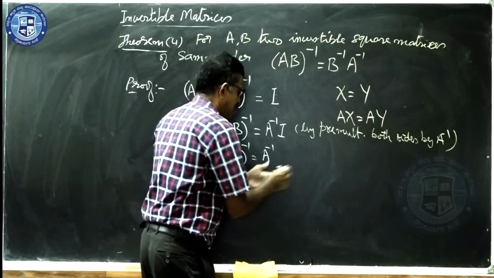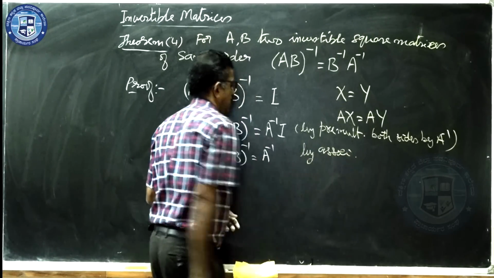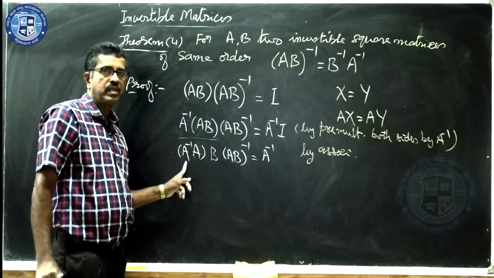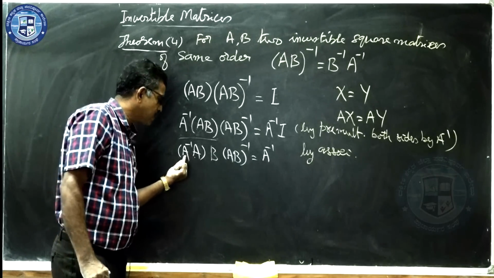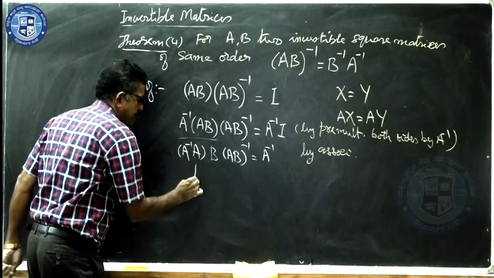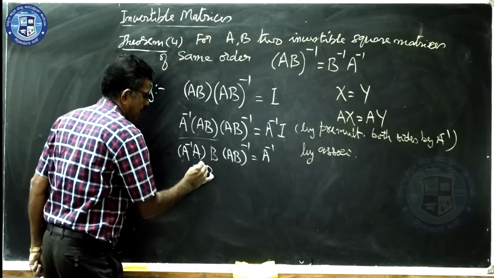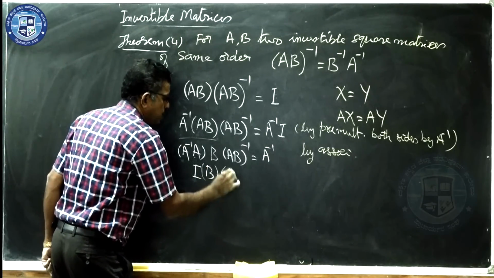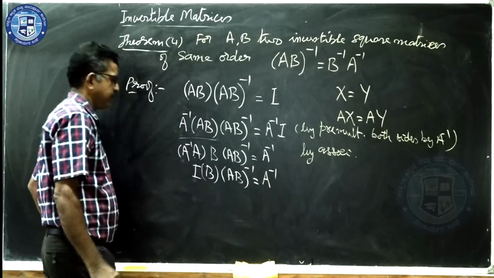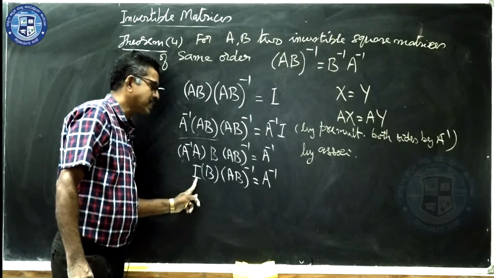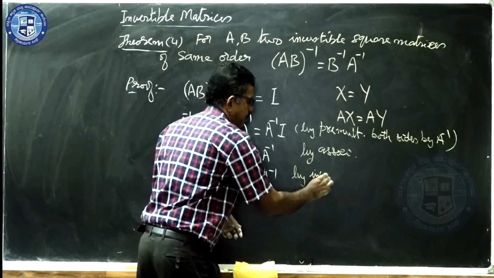This is by the associative axiom. Now, what is A inverse into A? The inverse into a matrix is the identity matrix. Identity matrix into B, into (AB) inverse will be equal to A inverse. This is by the inverse axiom.